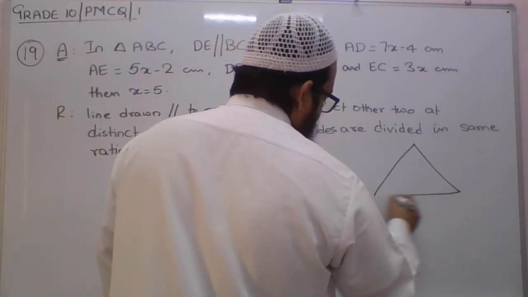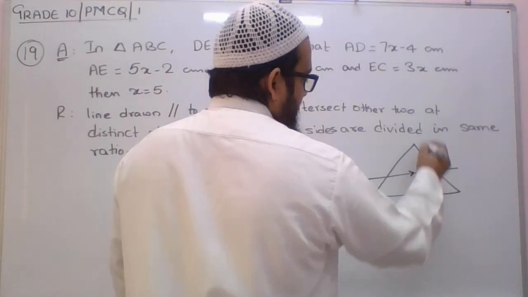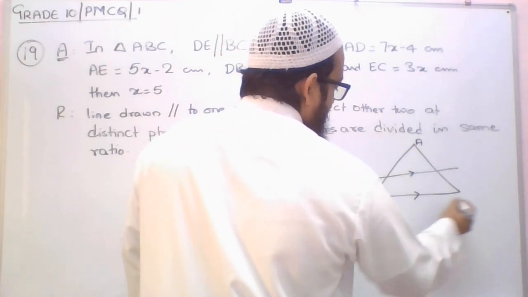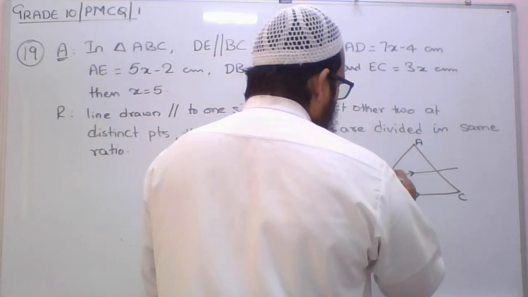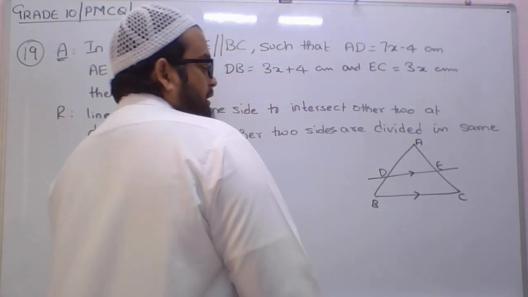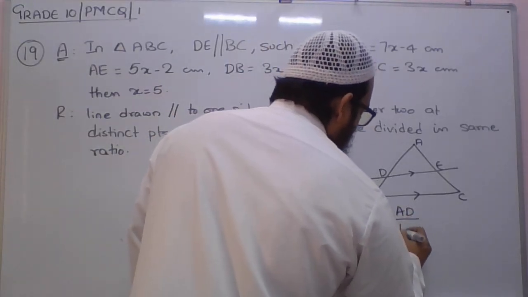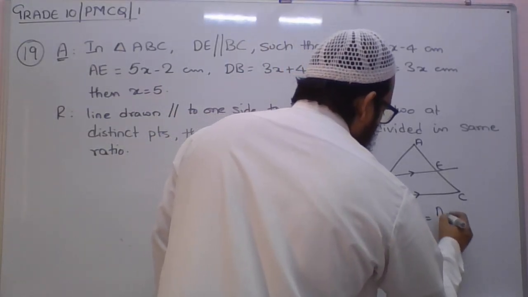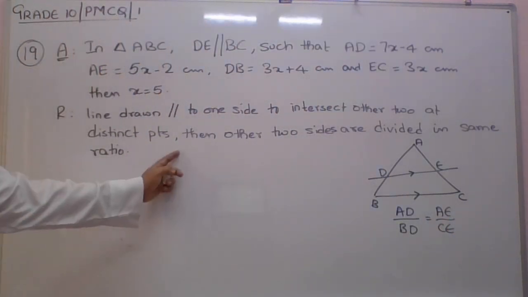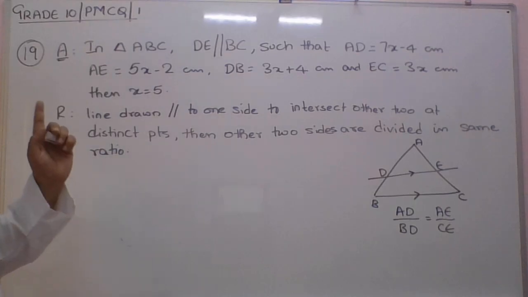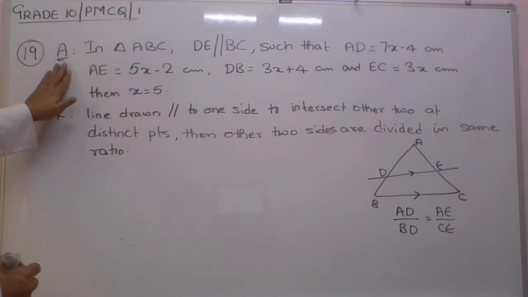In a triangle, if one line is parallel to another line, suppose BC is parallel to DE, then according to the basic proportionality theorem, AD by BD is equal to AE by CE, right? So that is what he told. That means the reasoning is true. Now let us check whether the assertion is true or not.